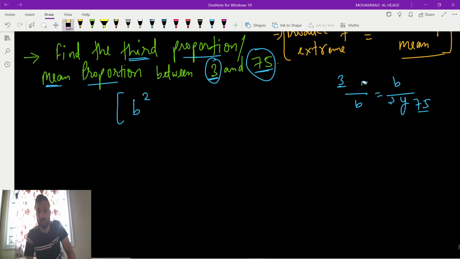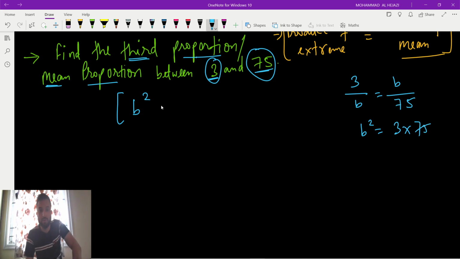See these two values. This 3 and 75, we will write at the extremes, and X also becomes B. Cross multiply means B into B, so B square equals 3 into 75.